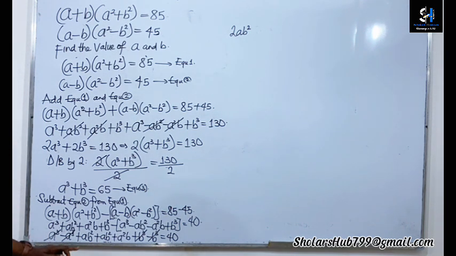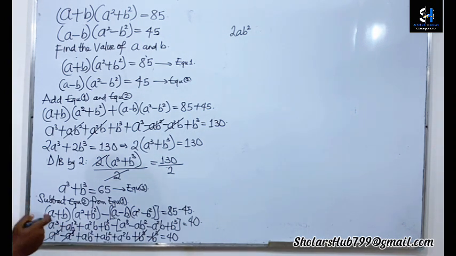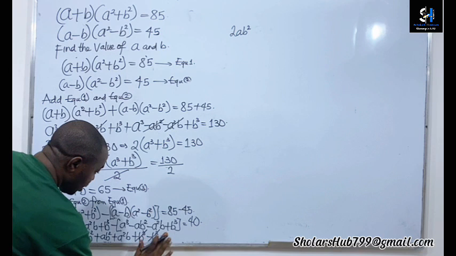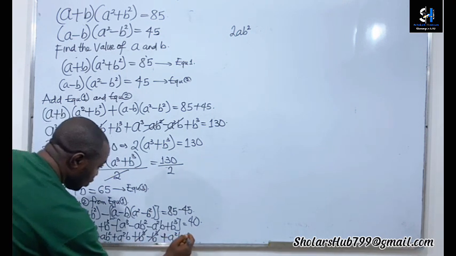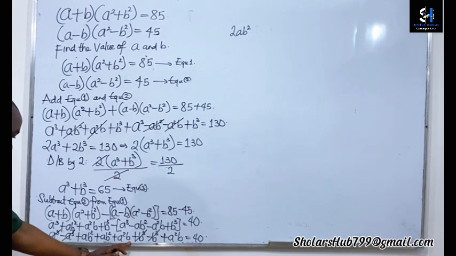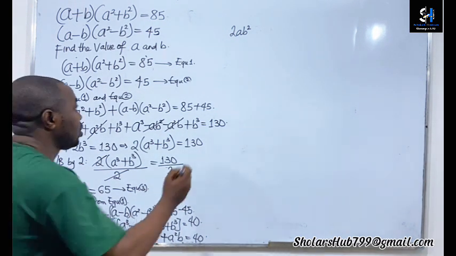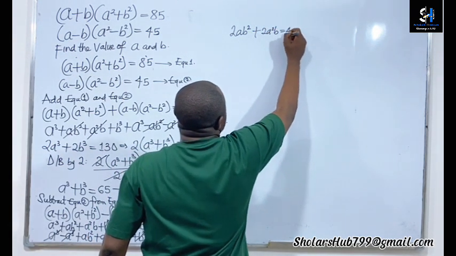There's still one more, a²b plus a²b, so that will be 2a²b. So we have 2ab² + 2a²b, and that equals 40.